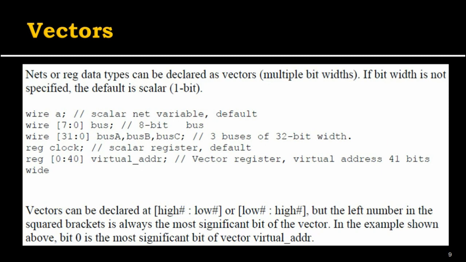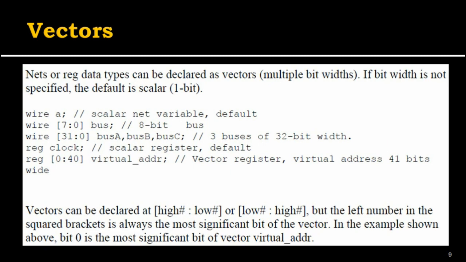The net or register data type can be declared as a vector. Vector means multiple bit width. If the bit width is not specified, the default is scalar, that is 1 bit. Consider the first example, wire a.